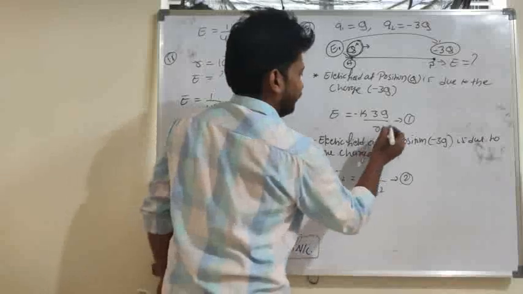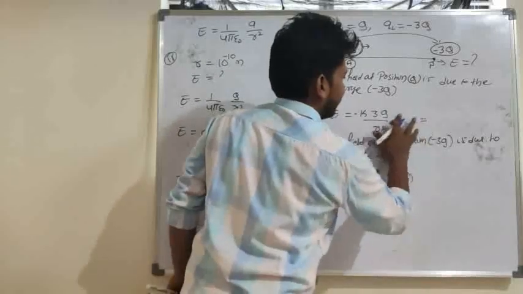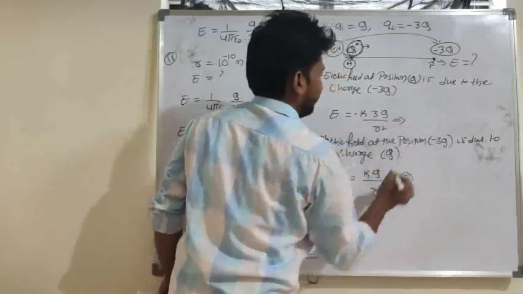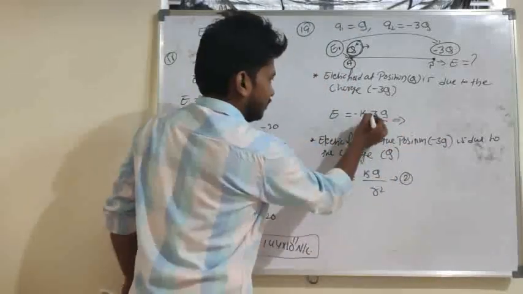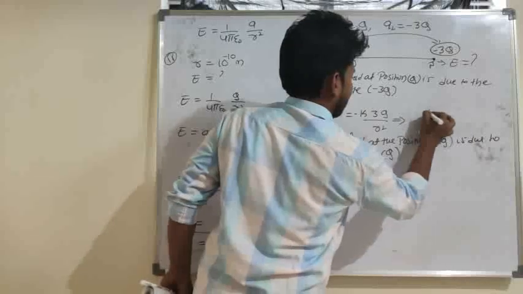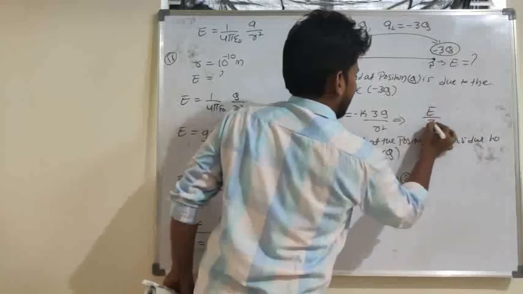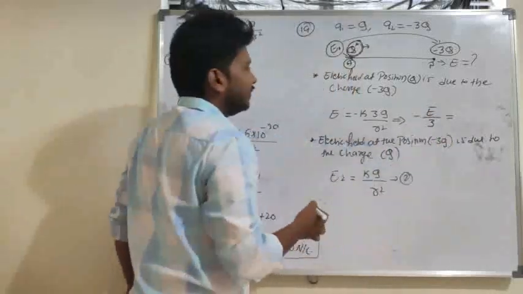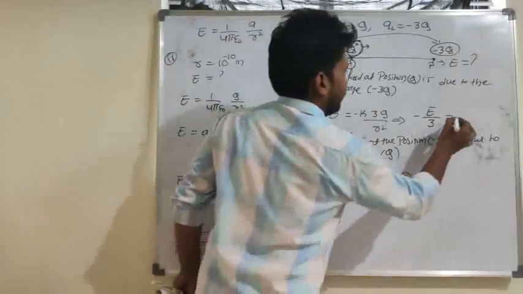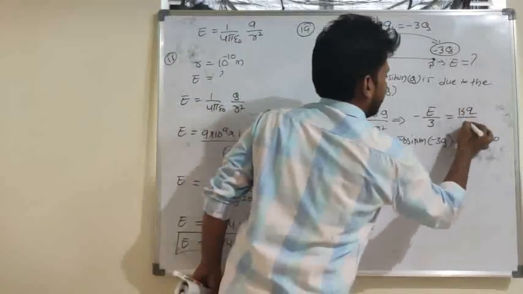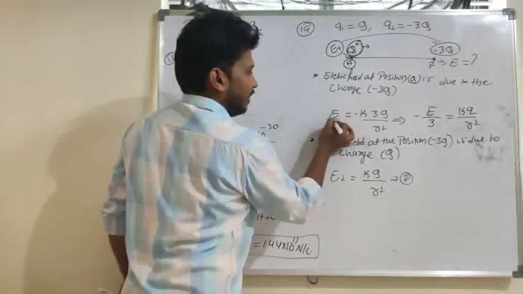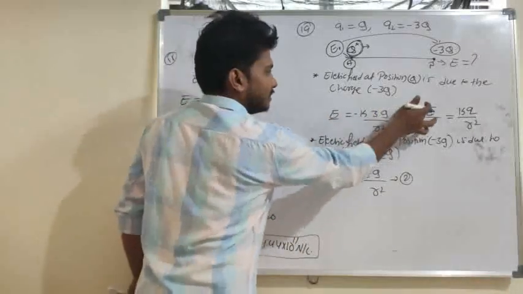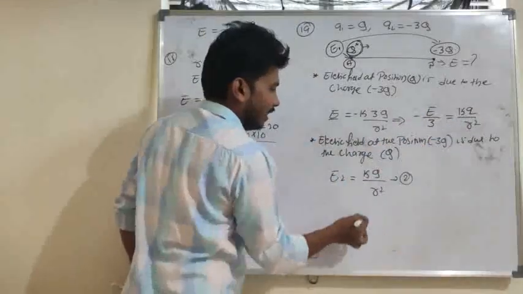So look at here, I will rearrange this equation. Here, E divided by 3, or minus E by 3, is equal to K into q by R square.